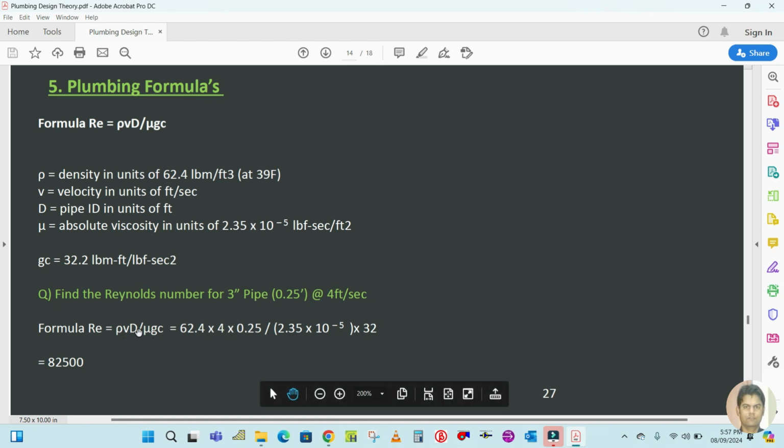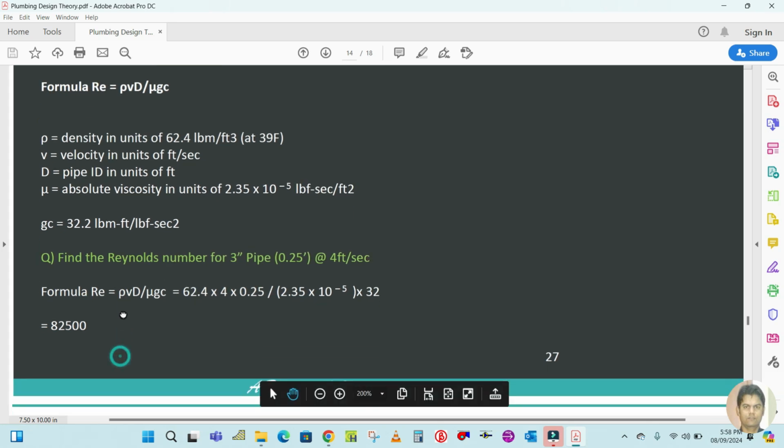Sigma is 2.35 times 10 to the power minus 5, and g_c should be 32.2. Put these values in this equation and you can calculate.